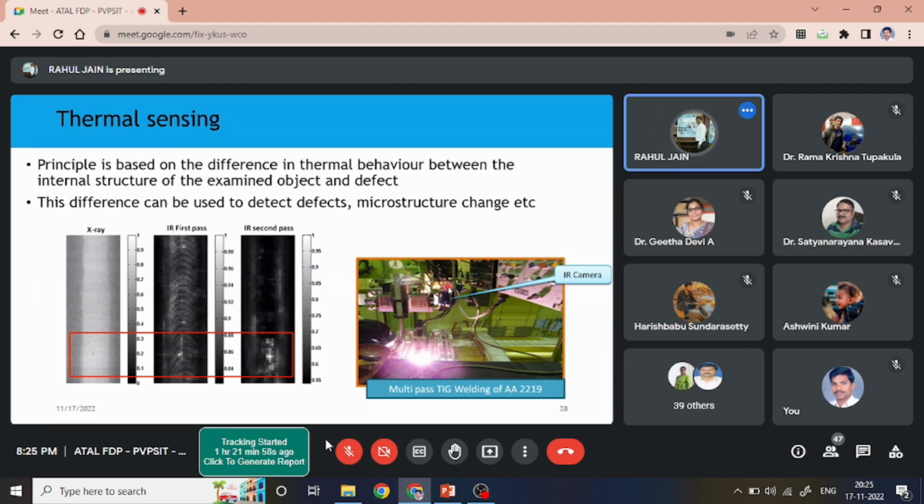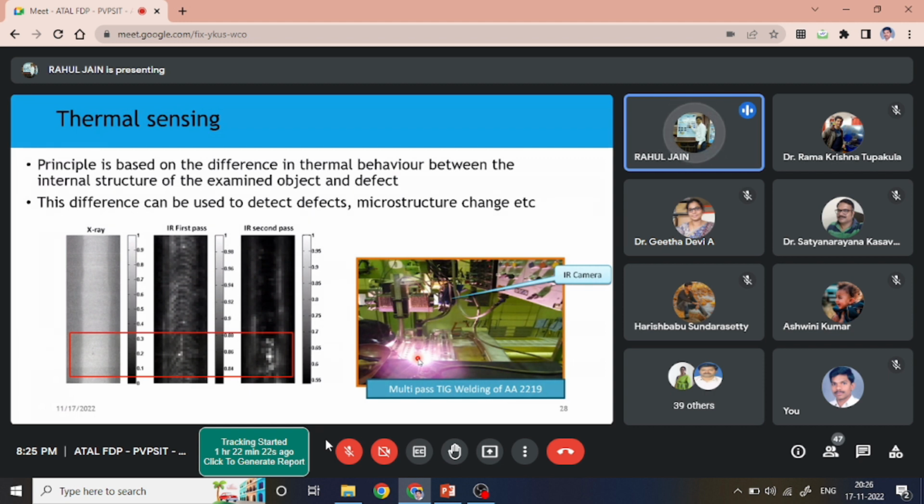The only problem in case of an infrared sensor is that it is entirely radiation based, so you need to make sure the temperature being captured is only from the workpiece. It should not be the reflection of the arc, which is a major problem in case of laser.